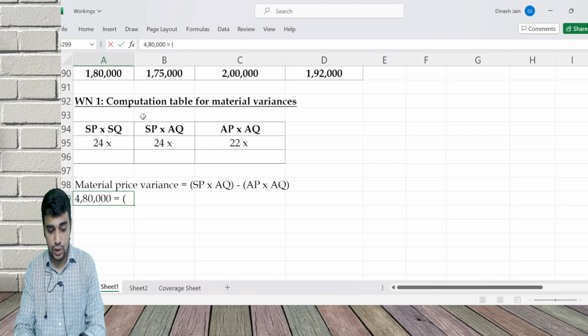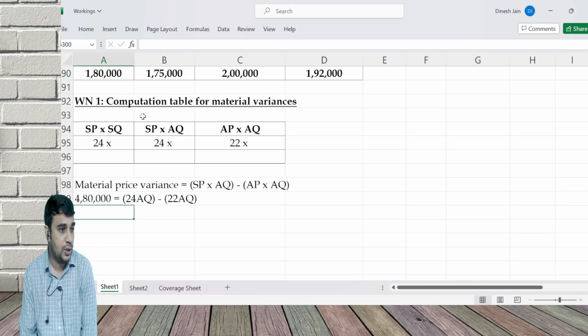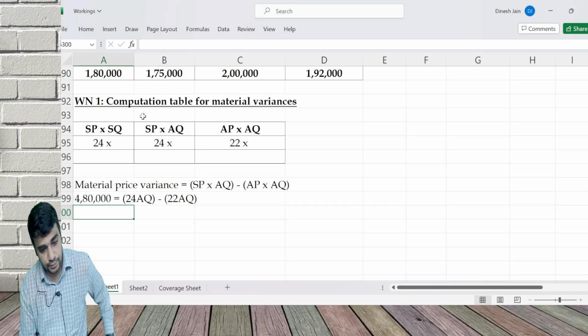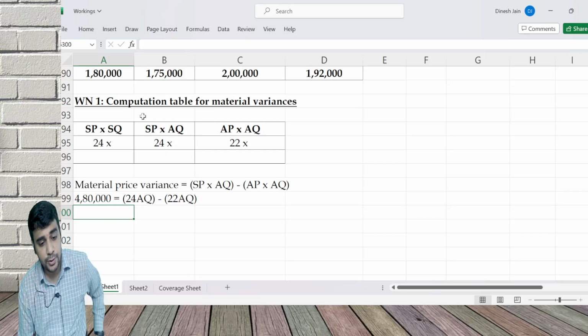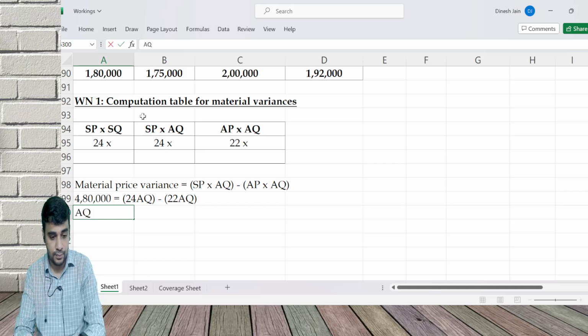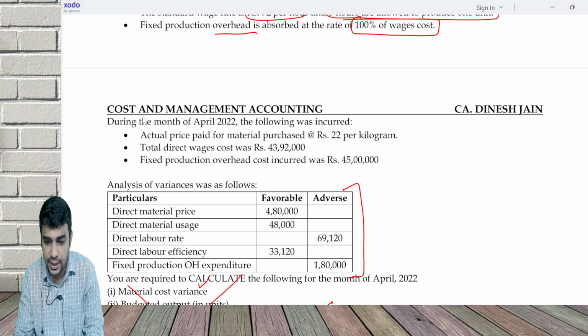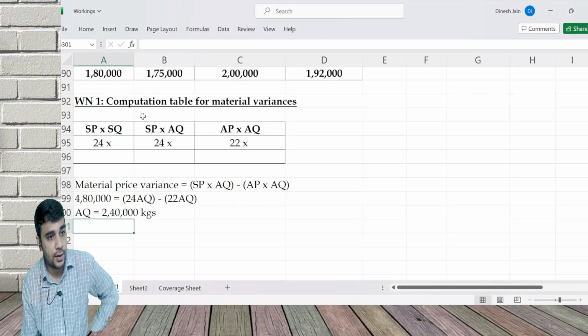So 4,80,000 is equal to 24 into AQ minus 22 into AQ. How much is the AQ? 2,40,000 kgs. I think raw material is measured in kg in this question. Yes, per kilogram. 2,40,000 kgs.